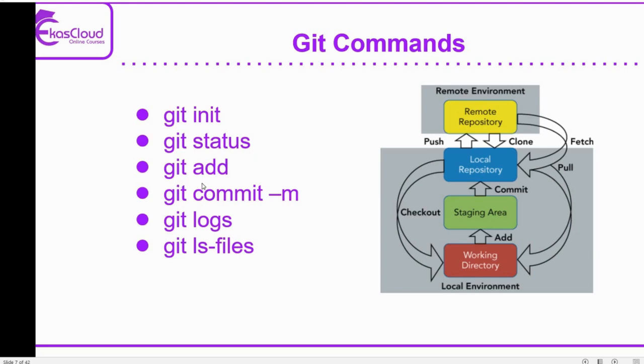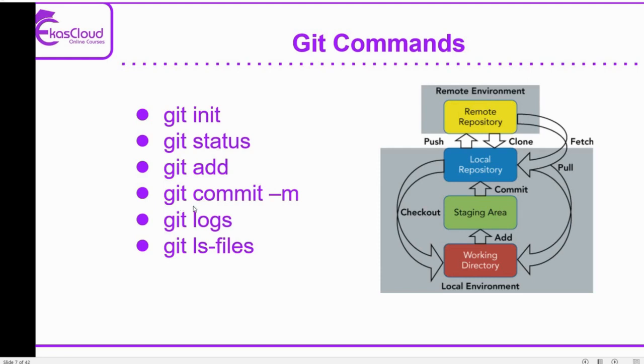The next command is git add. This command helps to add a file from the working directory to the staging area. We can use git add and enter the file name of the file we need to move from the working directory to the staging area.